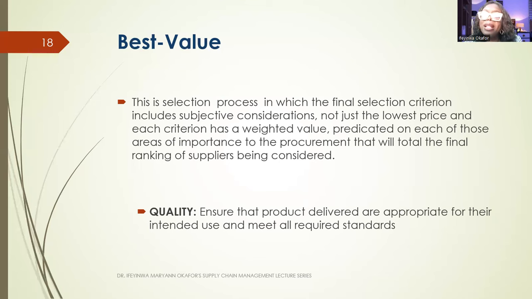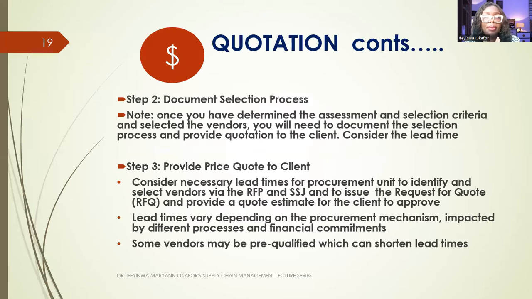Then you need to consider the best value, the product that will give you the best value for your money, not just the lowest price. And then you need to consider quality. You need to ensure that the vendor you want to select must give you the product that will be appropriate for its intended use and meet all required standards.